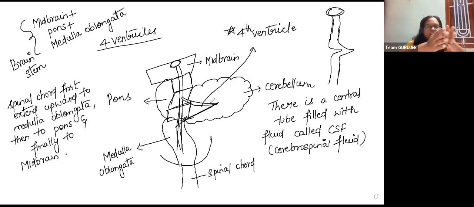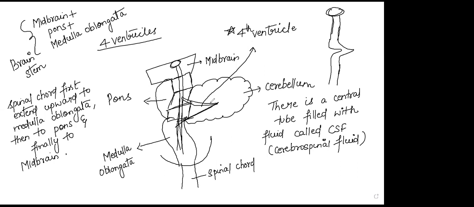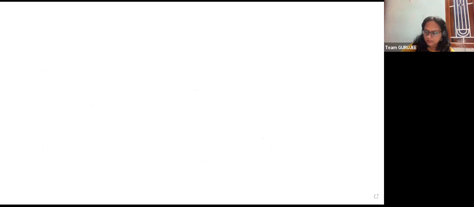No, it's getting stretched and it goes and fits in both the parts of the cerebellum. Cerebellum is two parts, it has two halves. So it goes and gets inserted in between that. So you can write it.